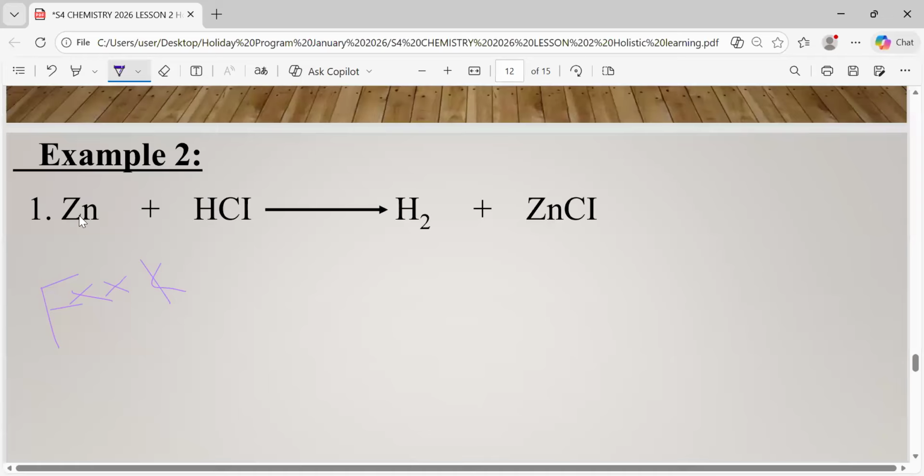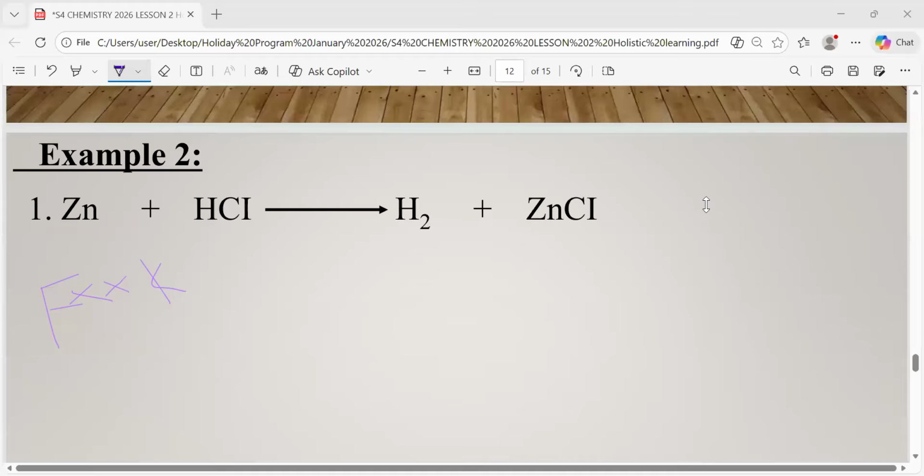The oxidation state of zinc is, it is losing electrons. Here, in this case, what will be the oxidation state of zinc in the equation? Do you recall the rules? The first one, we said that for free elements, their oxidation state is what?